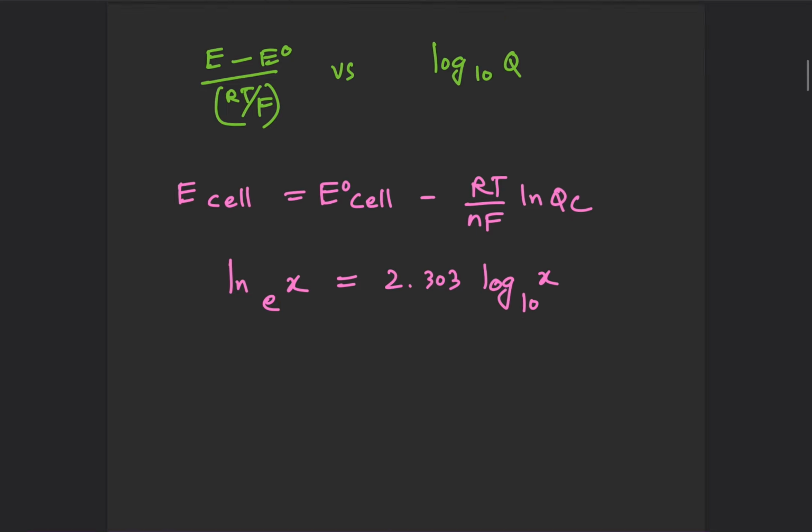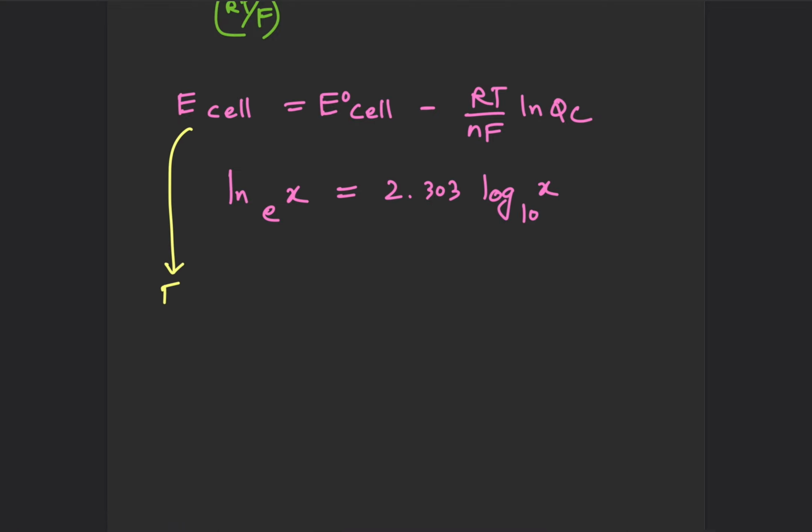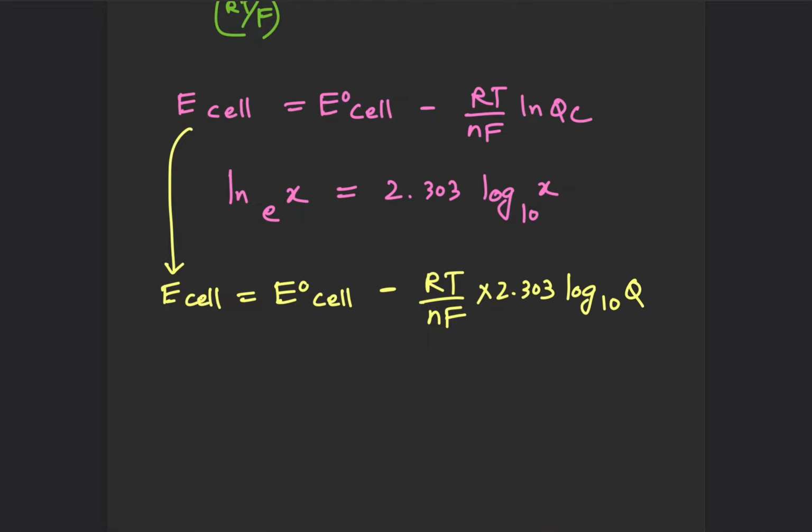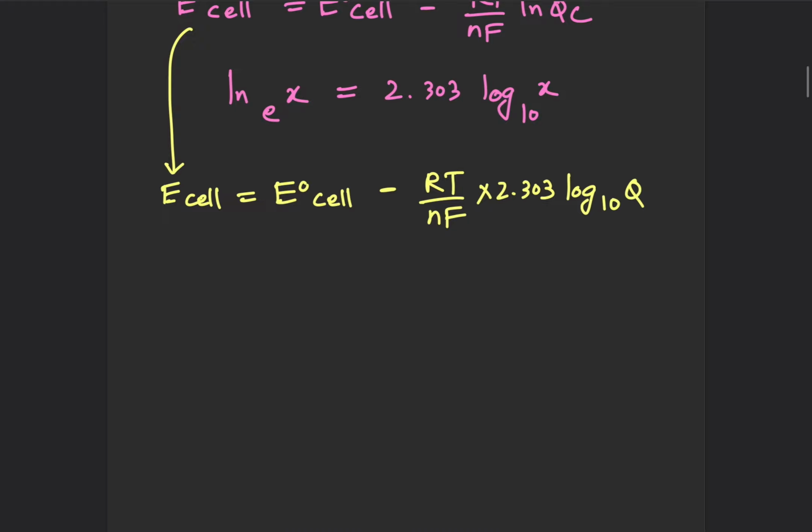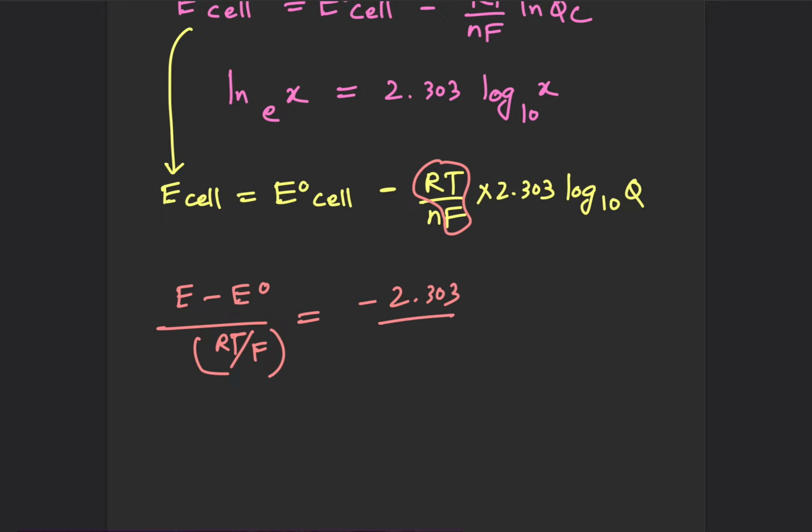So I can rewrite this as E cell equals E naught cell minus RT by nF into 2.303 log 10 of the reaction quotient, or (E minus E naught) divided by RT by F is equal to minus 2.303 by n into log 10 Q. Let's say this is equation 1.